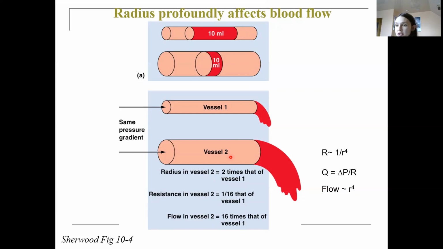From 1 millimeter per second, it will increase 16 times, so it will be 16 millimeters per second. So generally, the velocity of the blood flow in vessel number 2 is going to increase. You could see it even in this picture presented. Same pressure gradient, but different resistance, and as a result, different speed or velocity of the blood flow.